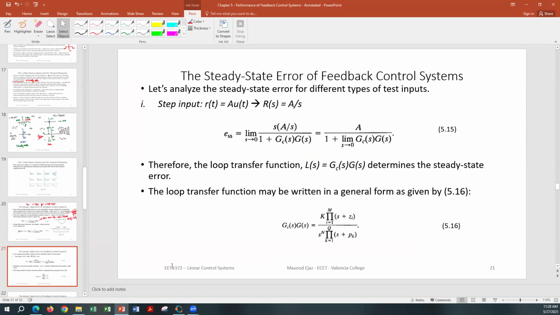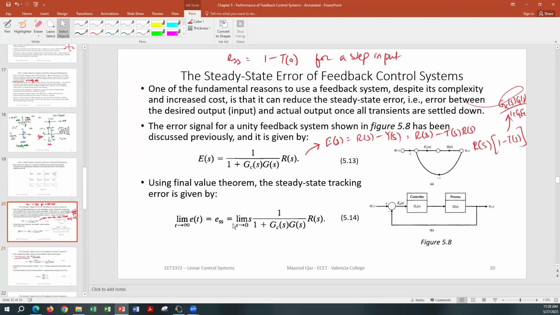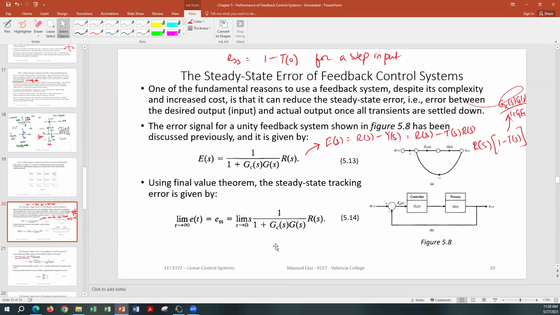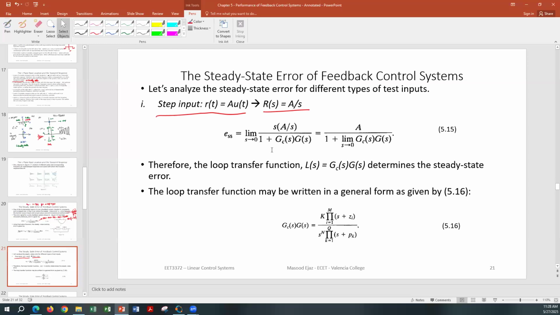So first, we're going to take a step input. So r(t) is equal to A times u(t), R(s) is A over s. So we use the same equation right here, and we plug in the expression for R(s). So the steady state error is limit s tends to 0, s times A over s, over 1 plus Gc(s)G(s), and the s and s cancel out, of course.